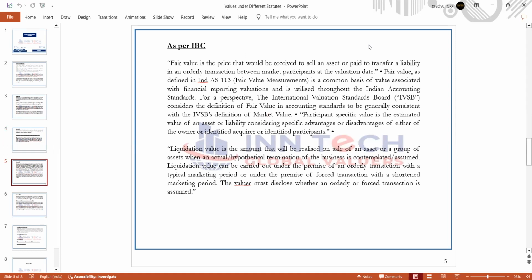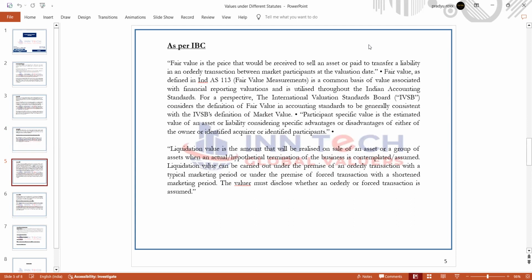So the next is the valuation under IBC. If you do a valuation for the Insolvency and Bankruptcy Board, the valuation will be as per their requirement. Here, the requirement under IBC is that they don't require the market value. In fact, they call it fair value. Fair value will be almost equivalent to market value, but they have termed this nomenclature as fair value.